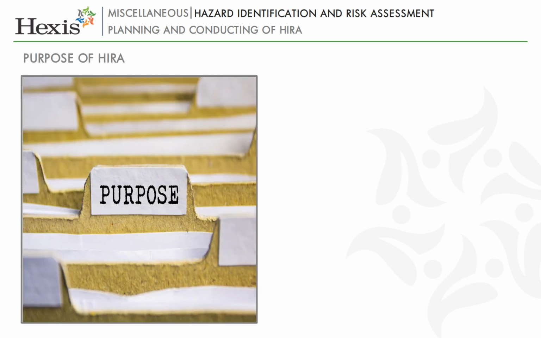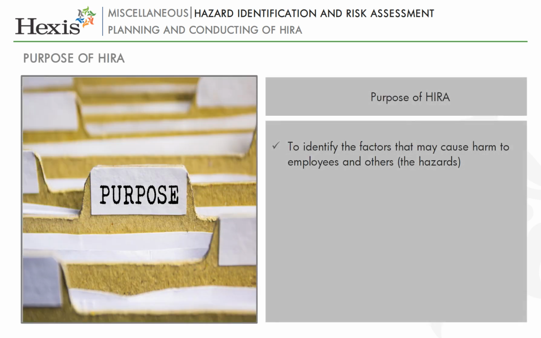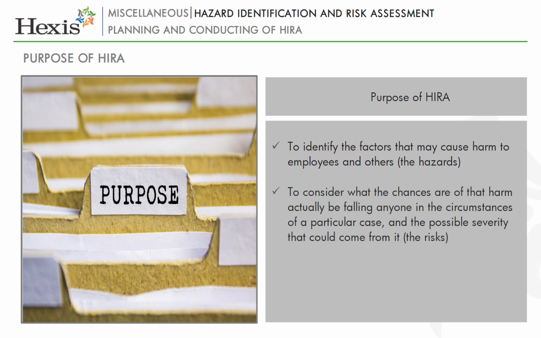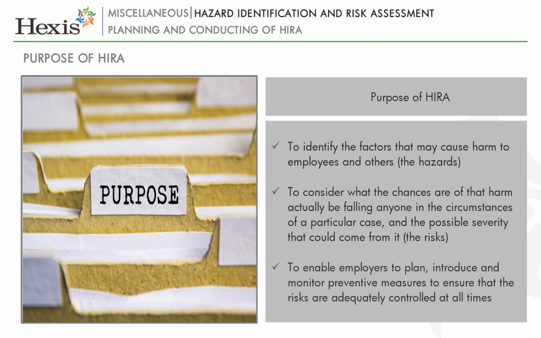Let us now understand the purpose of HIRA, which is to identify all the factors that may cause harm to employees and others, that is the hazards, to consider what the chances are of that harm actually befalling anyone in the circumstances of a particular case and the possible severity that could come from it, that is the risks, and to enable employees to plan, introduce and monitor preventive measures to ensure that the risks are adequately controlled at all times.